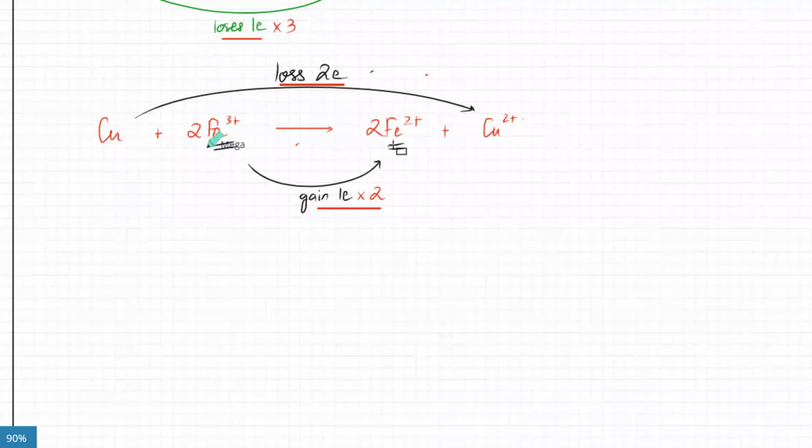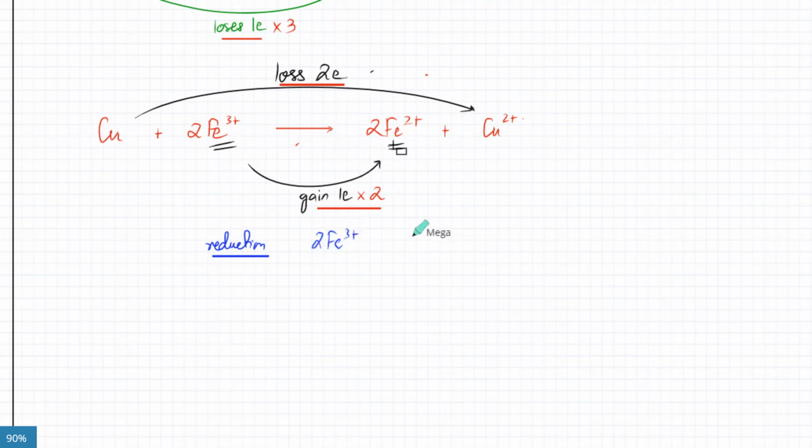So you can convert this equation into 2 half equations. You can separate the 2 equations, starting with the reduction equation. The reduction equation is 2Fe3+ turning into 2Fe2+.